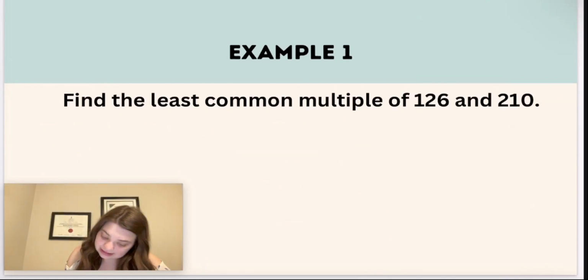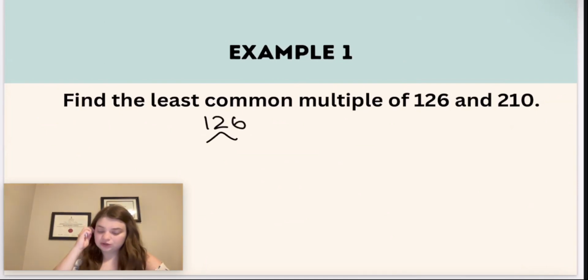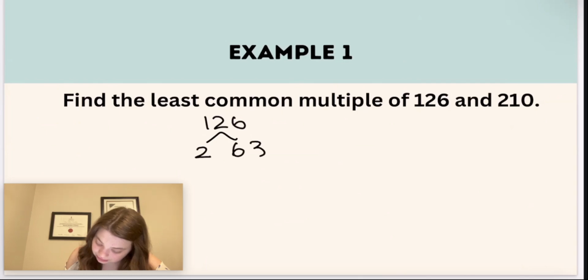So for 126, two numbers that multiply to 126 would definitely be 2 and something because 126 is even. So let's see, 2 and 63, I believe, would work. Yep, that's right. And then 63 is the same as 7 times 9.